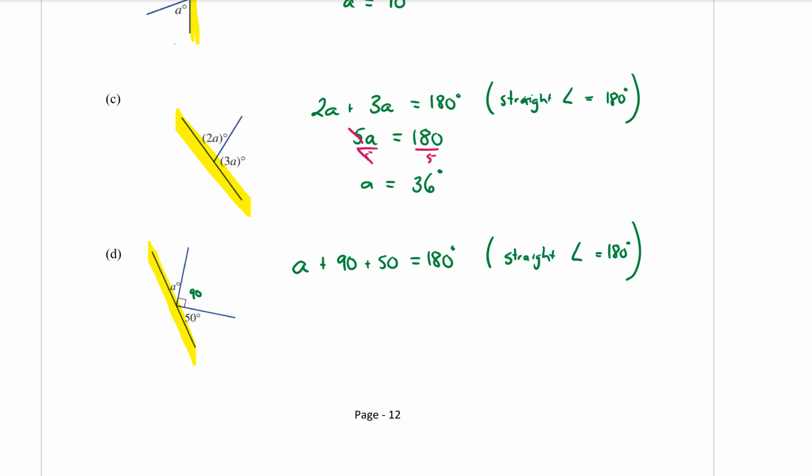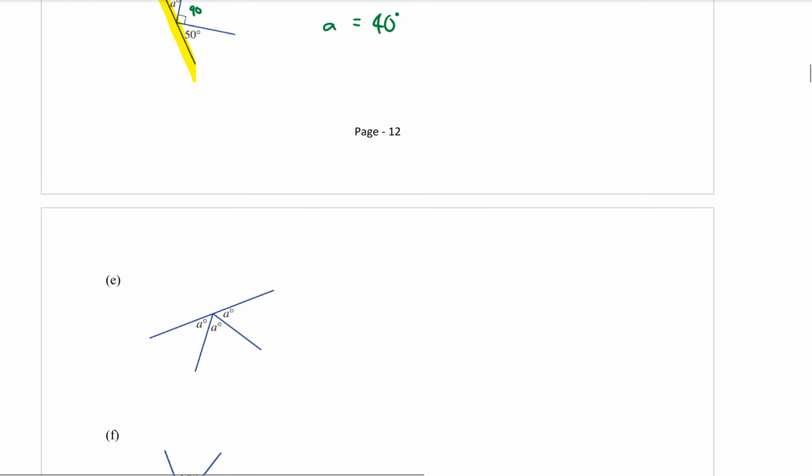And that gives us that A is equal to 40 degrees. To write that working down in red would get a little bit messy because we're trying to move 2 things away. So it's okay if you go straight to the answer for this one and questions like it. Okay, so A is equal to 40 degrees.